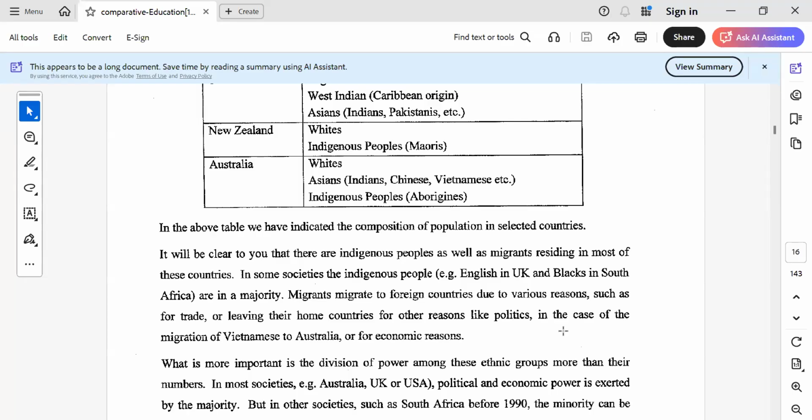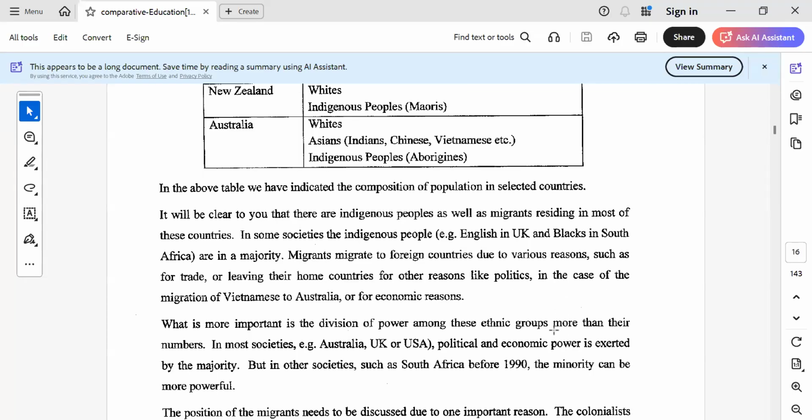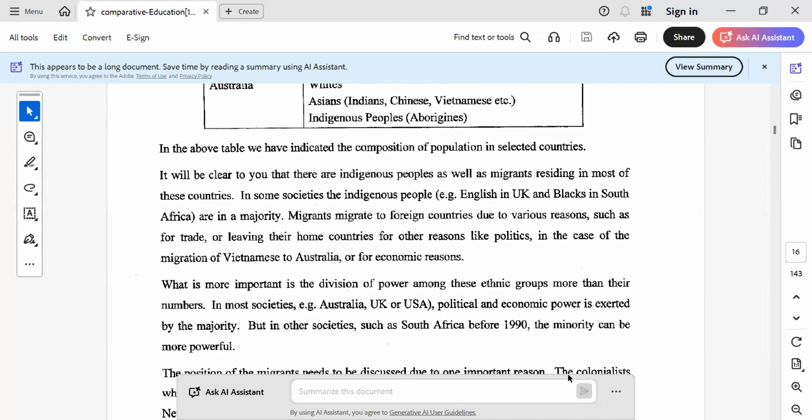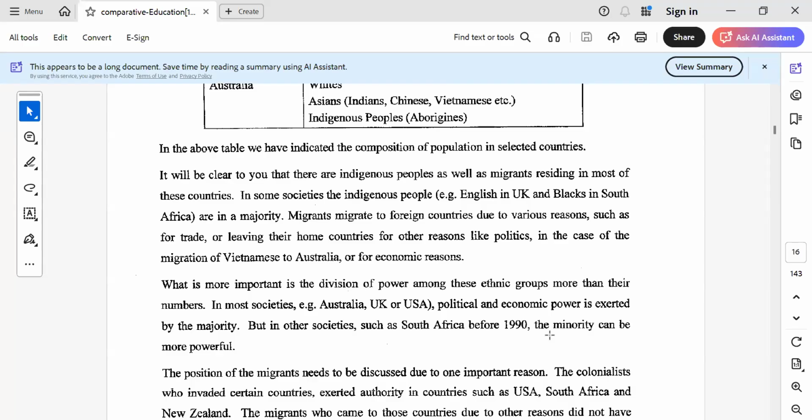So migrants migrate to foreign countries due to various reasons. Here it was not mentioned. But what's more important is the division of power among these ethnic groups more than their numbers. In most societies, Australia, UK or USA, political and economic power is exerted by the majority.